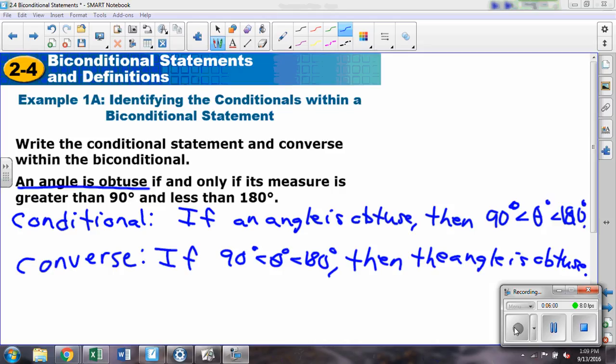Absolutely valid. We're switching around the hypothesis and conclusion. It's by far the most common way that people will write it. I would like to remind you, though, it's not always about what's written first and what's written second. It's about hypothesis and conclusion.